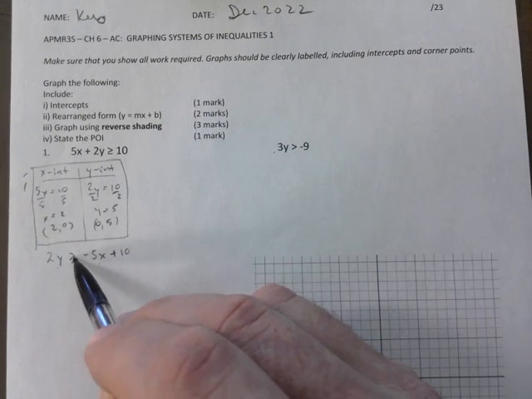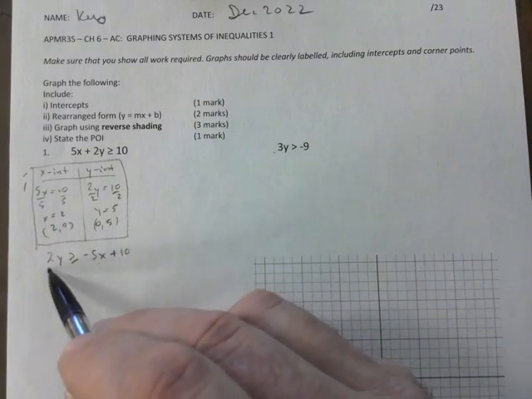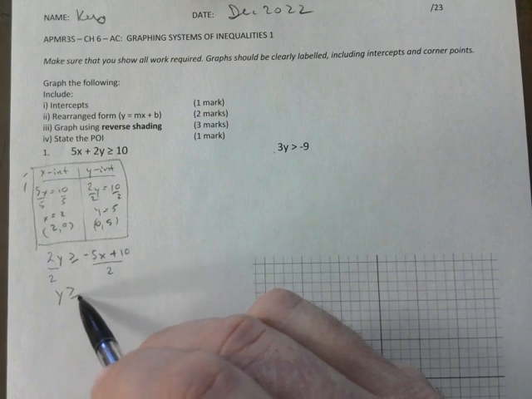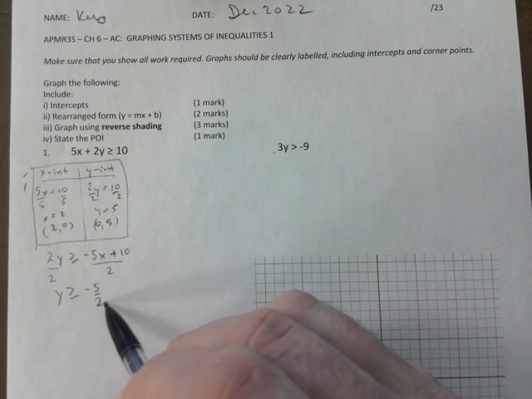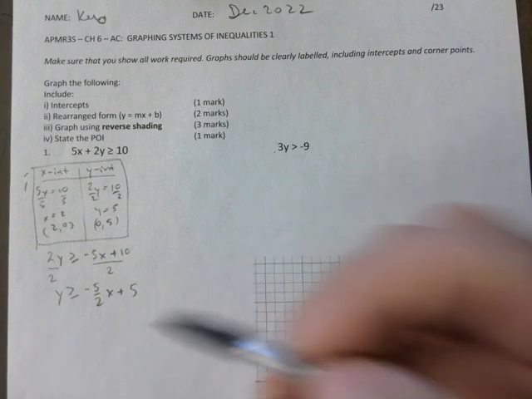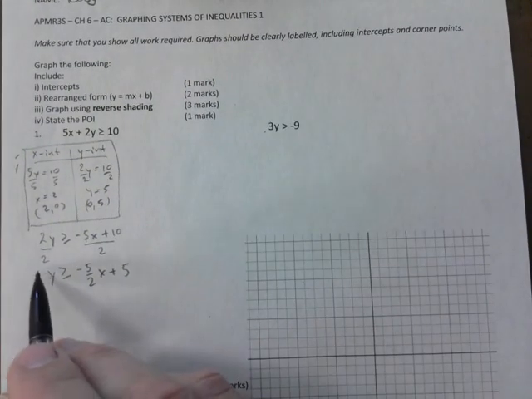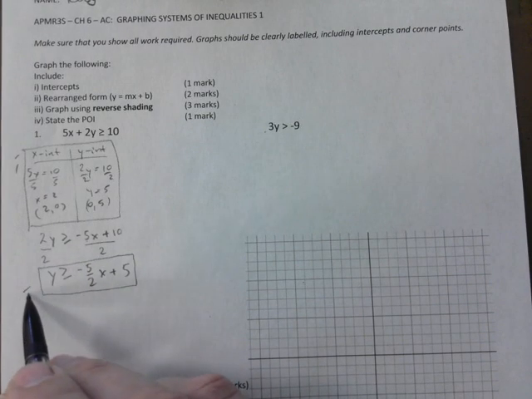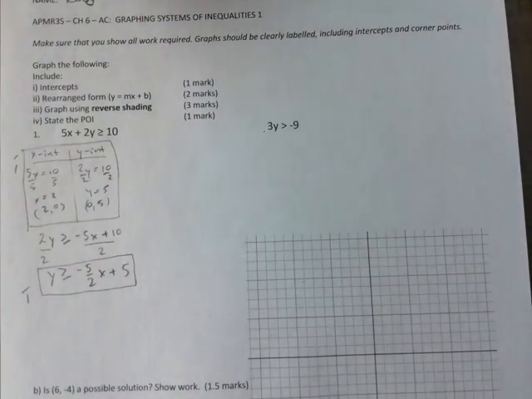So it's 2y is greater than or equal to negative 5x plus 10. Divide both by 2. No need to flip the sign. Just write it like that. So if you get that, you get a mark. You get another mark for rewriting it correctly.